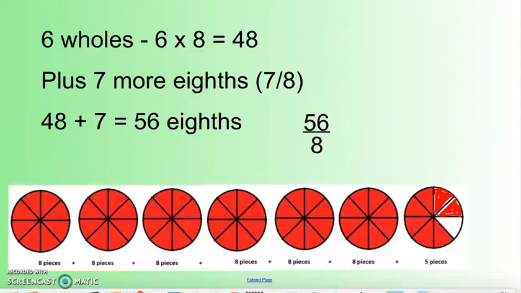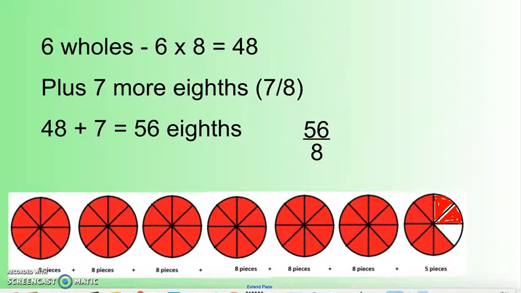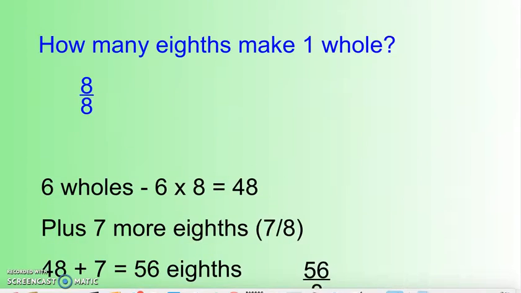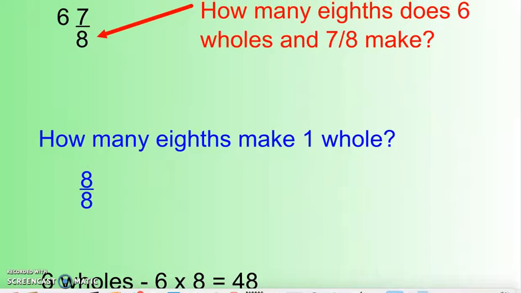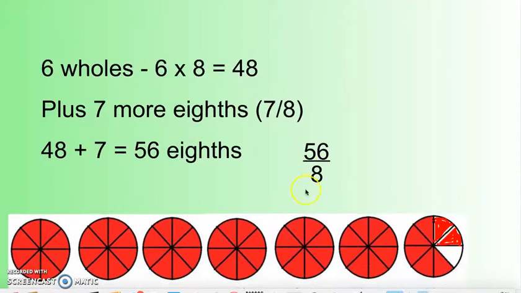Okay, so what did we really do? Is there another way to figure this out, like to change this mixed number? Because really that's what we did. We changed this mixed number to an improper fraction of 56/8.